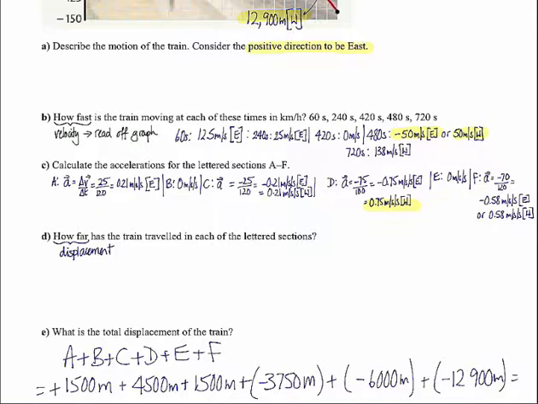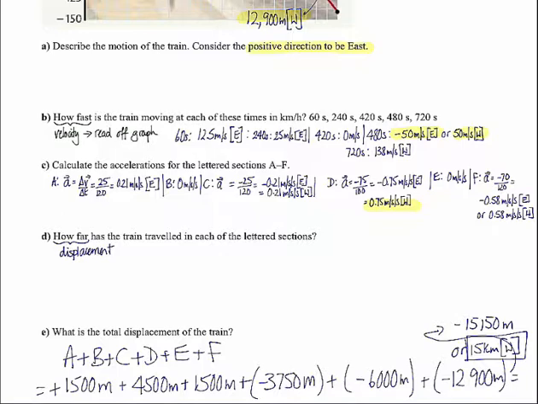If we add all of those numbers together, we get negative 15,150 meters, or 15 kilometers west, for our total displacement.